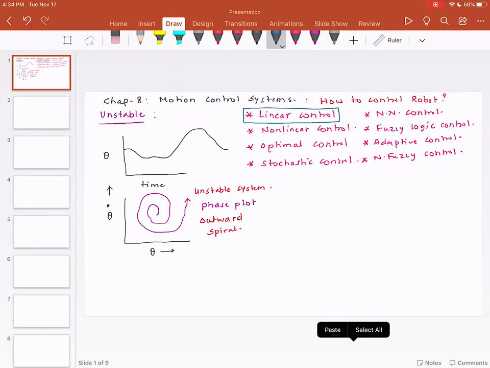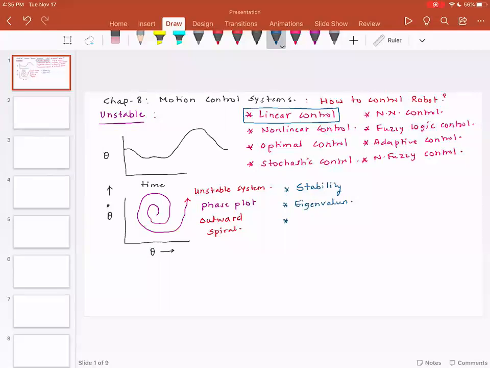And the fundamental concepts in linear control depend on what the eigenvalues of the system are. So if you recollect, some time ago, I had a discussion on stability. And in that discussion, we talked about eigenvalues.